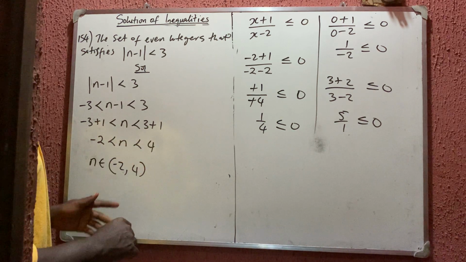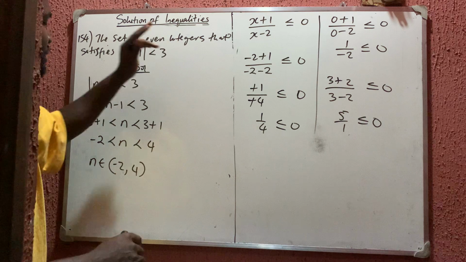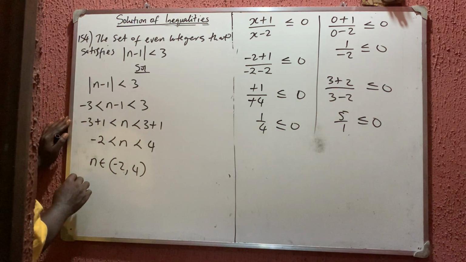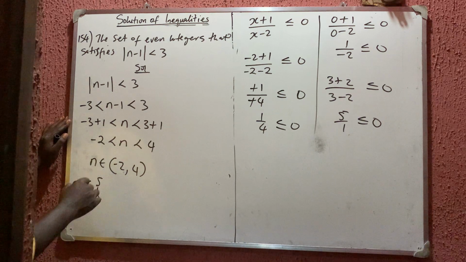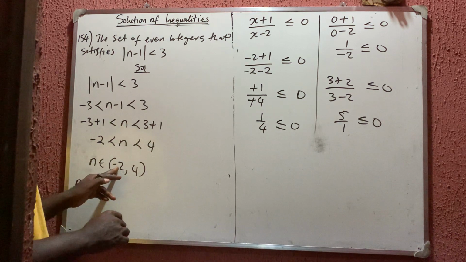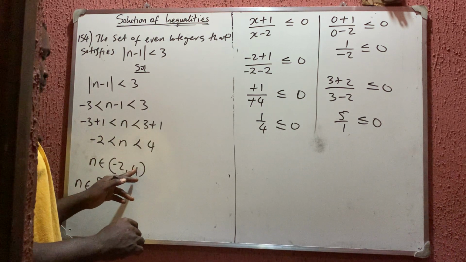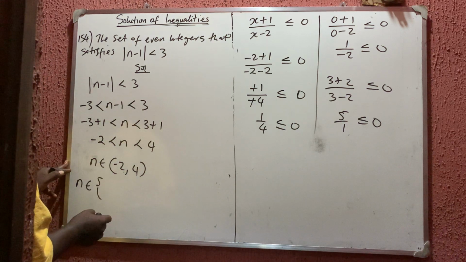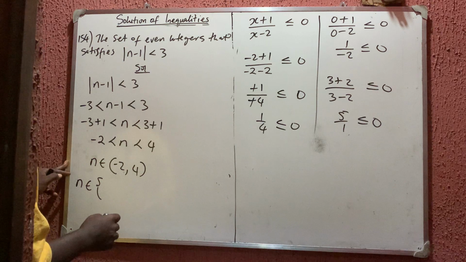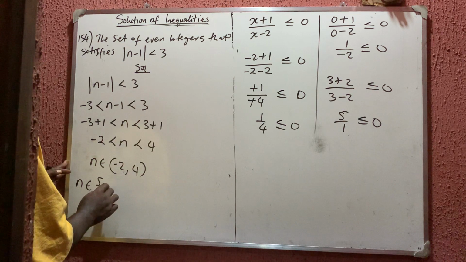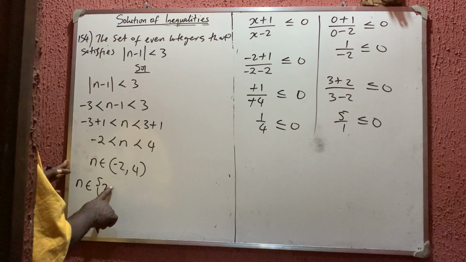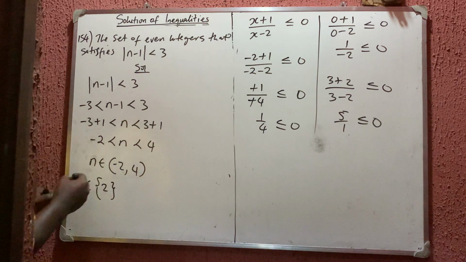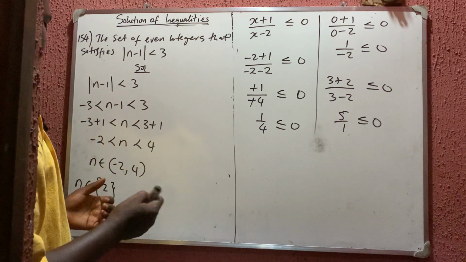There is no equality sign, but they say we should get the even integers. So n is an element of the set of even integers from minus 2 to 4. Minus 1 is not even, is 0 even? Find out by yourself if 0 is even. So I'm having 2 and only 2.